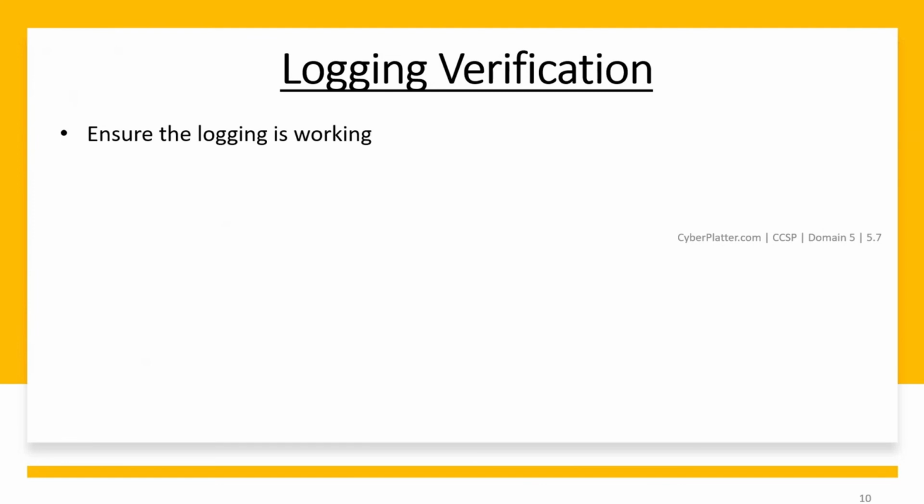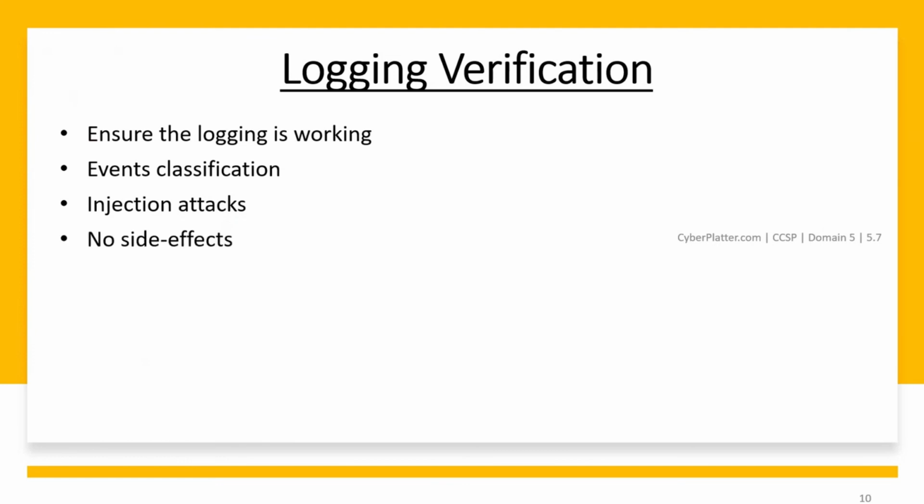Ensure logging is implemented and enabled during application security, fuzz, penetration, and performance testing. Check events are being classified consistently and the field names, types, and lengths are correctly identified to an agreed standard. Test the mechanisms are not susceptible to injection attacks. Ensure that there are no unwanted side effects when logging occurs.